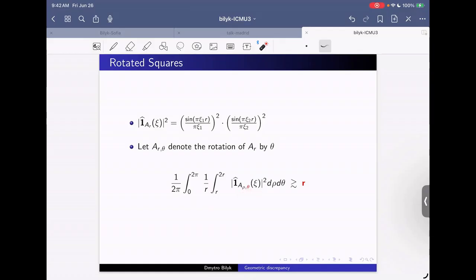So you average over rotations in some region between R and 2R, so roughly comparable side lengths that differ by at most a factor of 2. And you then average over all rotations. It's a little technical, this argument, but it's fairly elementary.